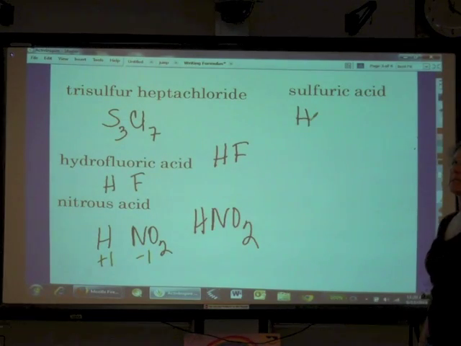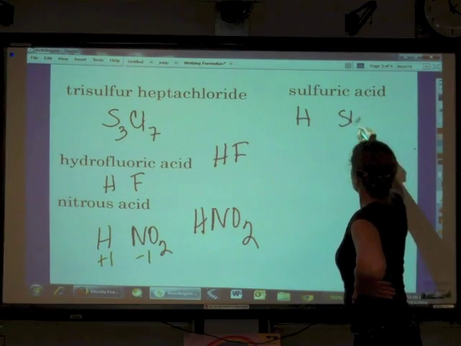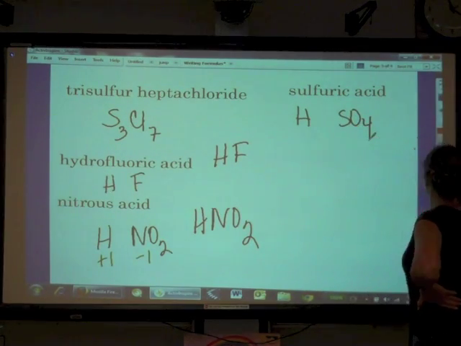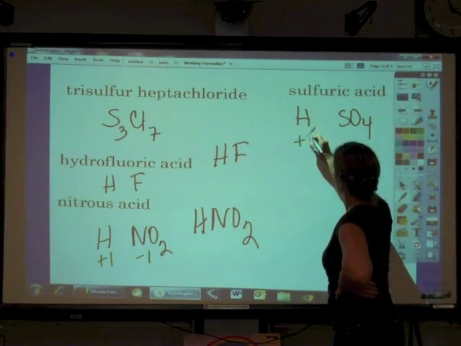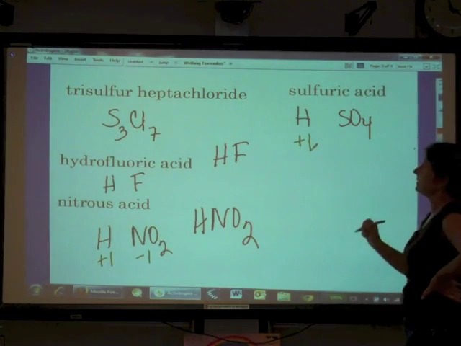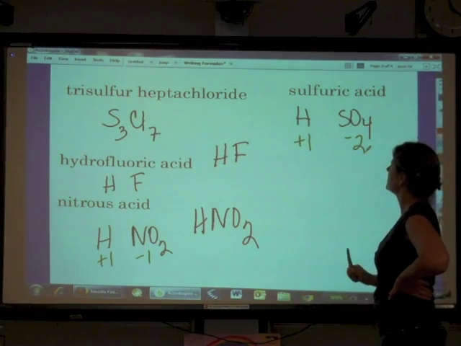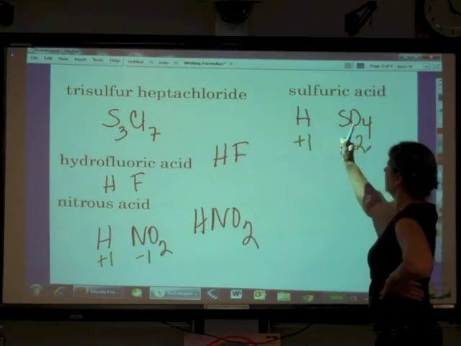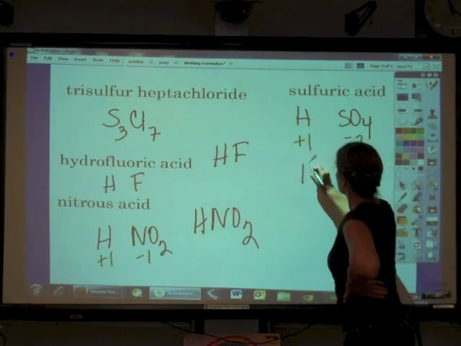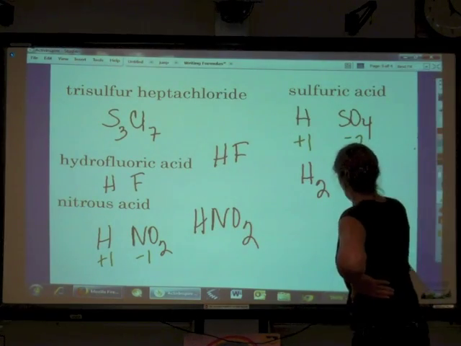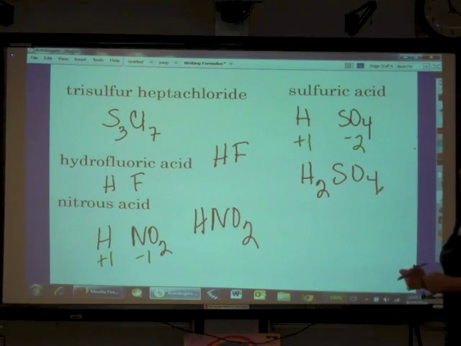Ic means ate. So it's sulfate. SO4. All right, what are my charges on this thing? Hydrogen, +1. Sulfate, -2. It has to be electrically balanced. So for every 1, I need 2. So my formula will be H2SO4. Okay? Okay, let's practice.